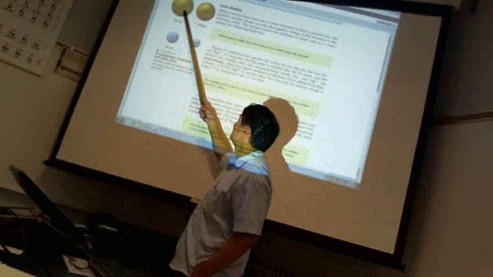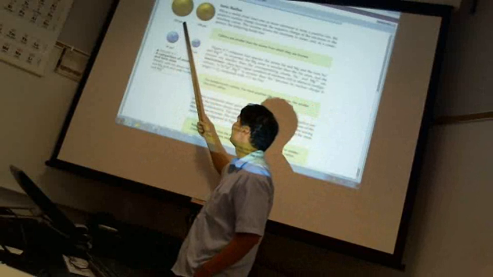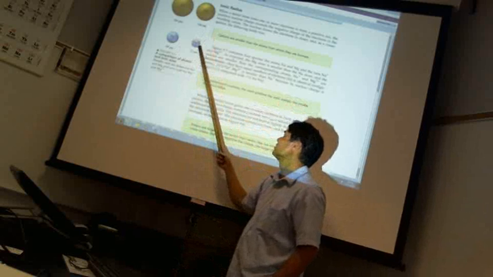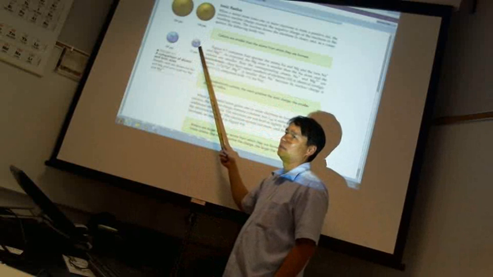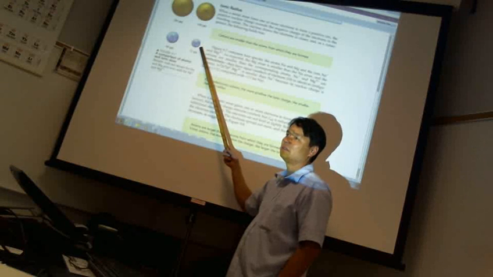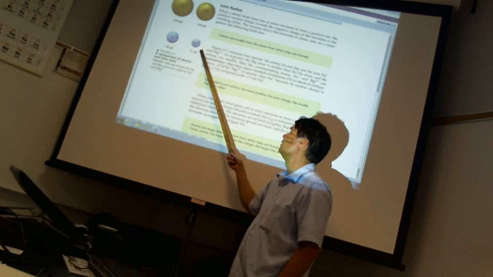So let's talk about sodium. For example, when sodium loses an electron, what happens to the size? It gets cut about in half. When magnesium loses 2 electrons, what happens to the size? It's a little more than a half. Not quite a third.